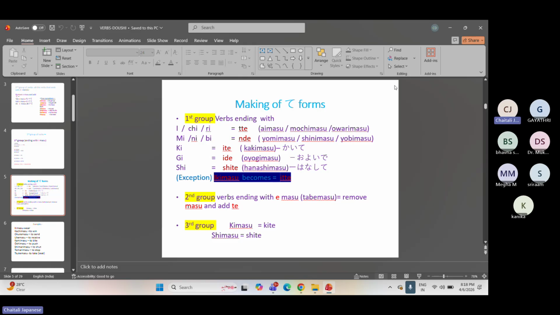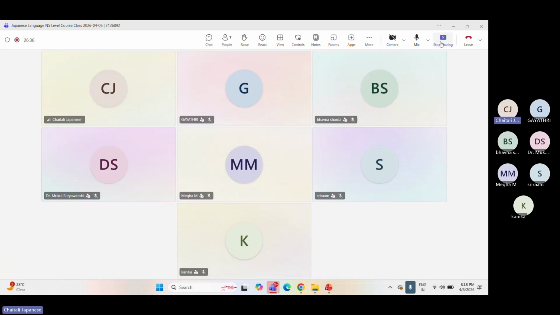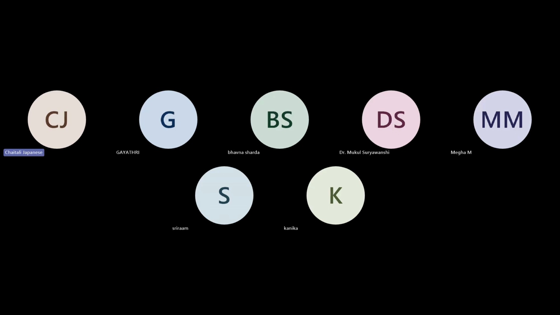Also, we do have a song for this pattern.